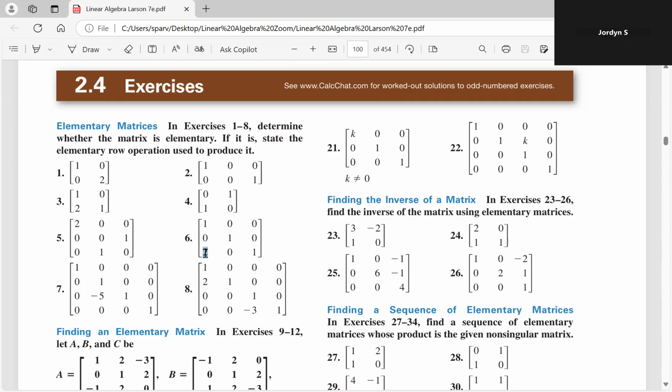I was thinking it could have been something like multiplication by 2, but I don't think we can do that because we have to work with just this base matrix, right?